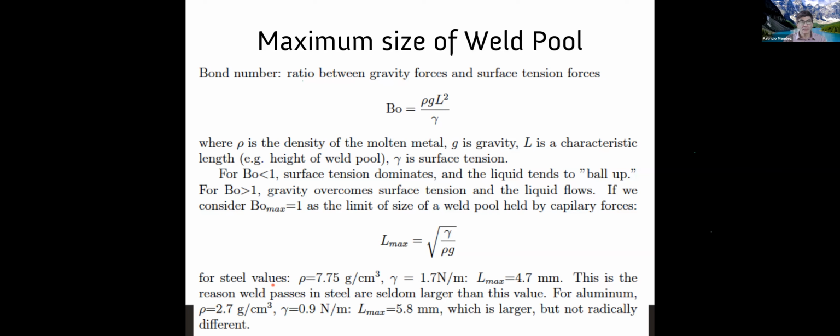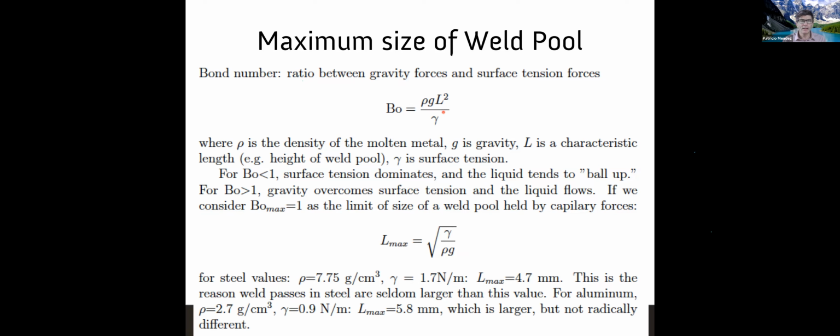And there is a dimensionless number that compares the weight of the droplet and the surface tension keeping it in place. And that is called the Bond number. More or less, when Bond is bigger than 1, it means the droplet will flow like a splatter all over the place. When Bond is less than 1, it's going to turn into a ball and keep in place.